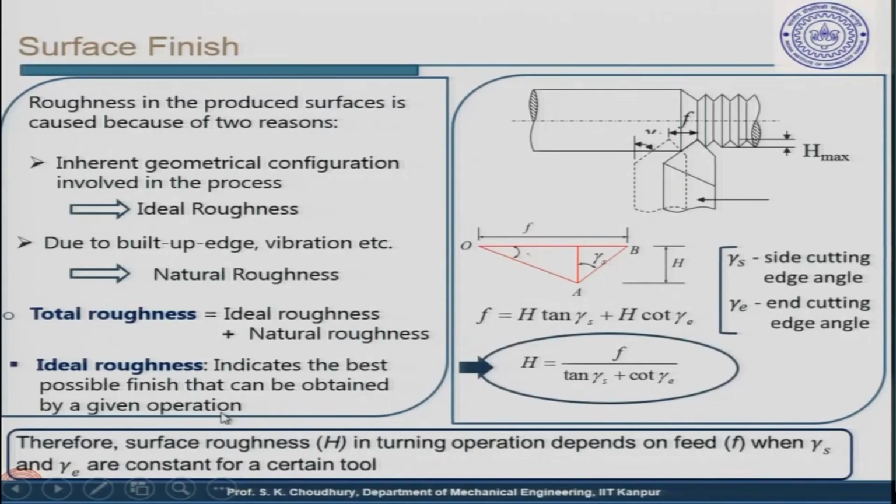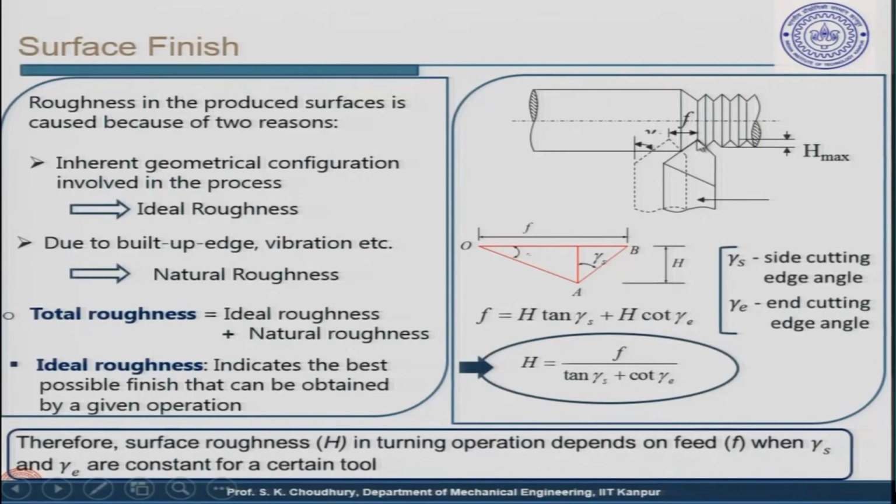We cannot have any control on it. Therefore, for surface roughness in a turning operation, let us say this is the exaggerated form, this is the depth of cut from here to here, and this is the undulation, the surface roughness. So, surface roughness will be determined from peak to valley, the distance between this point and this point, which will be given by, let us say, H max.